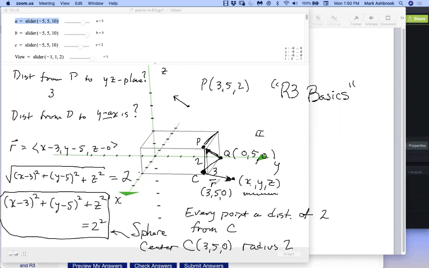But if you think about it, what are all the points the same distance away from a point? Do you see that that's a sphere? So by setting the magnitude of the vector to 2, we derive the equation of the sphere. Is that better? Yeah, that's much better. Thank you.